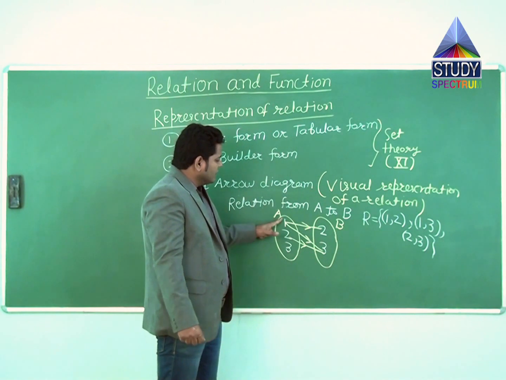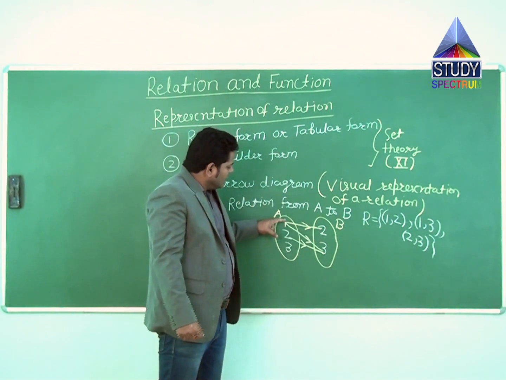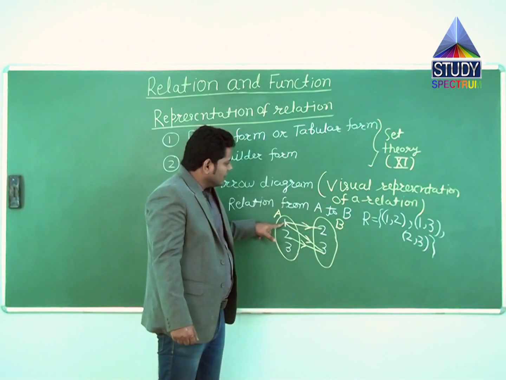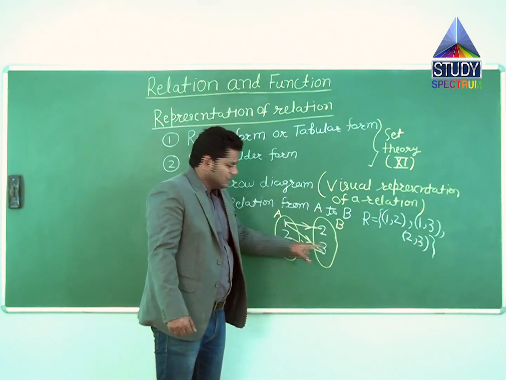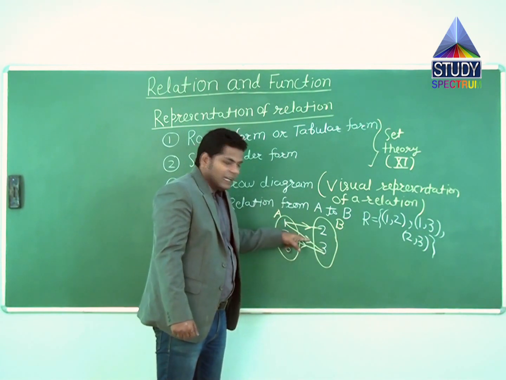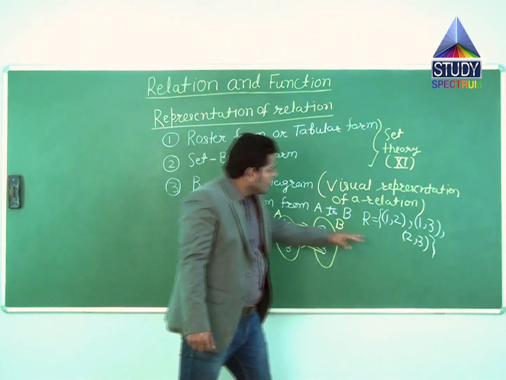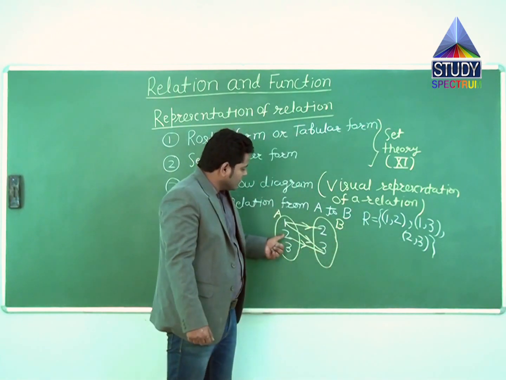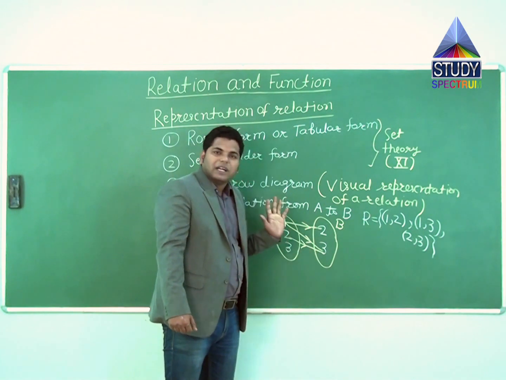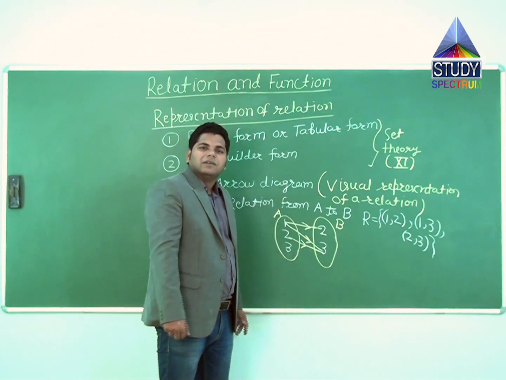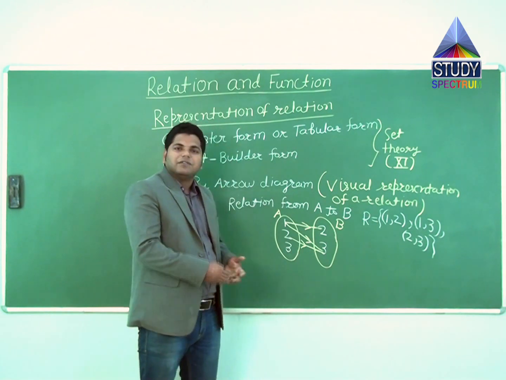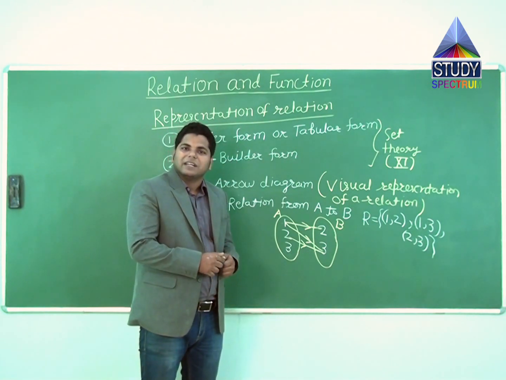So 1 is associated with 2, and we have shown this by an arrow. 1 is related to 3, so we have shown 1 to 3 by an arrow, and 2, 3 means 2 is related to 3, so we have shown it by an arrow. This way of representation is the representation of a relation by arrow diagram.